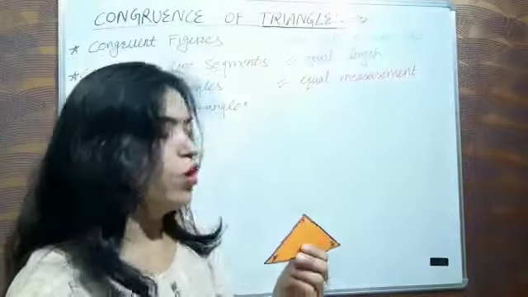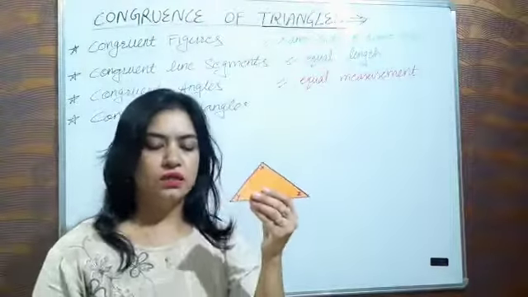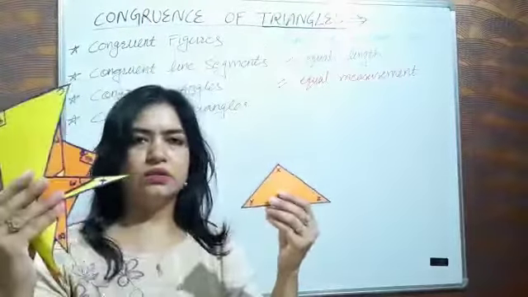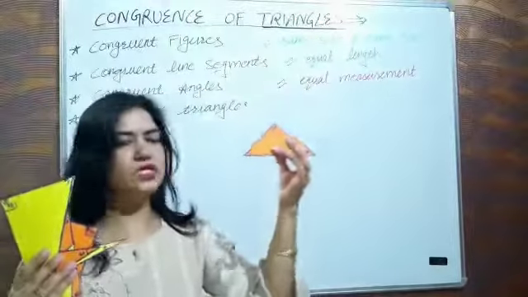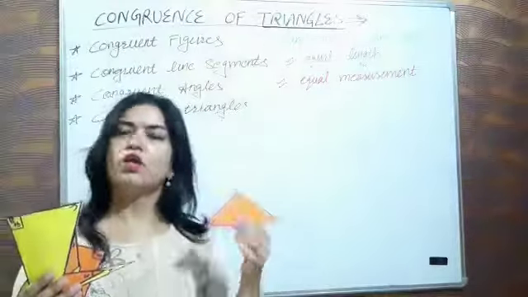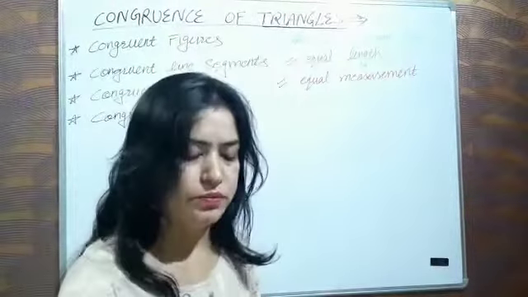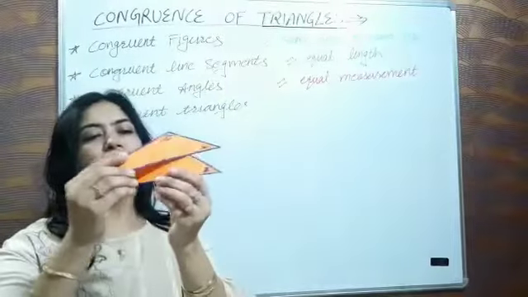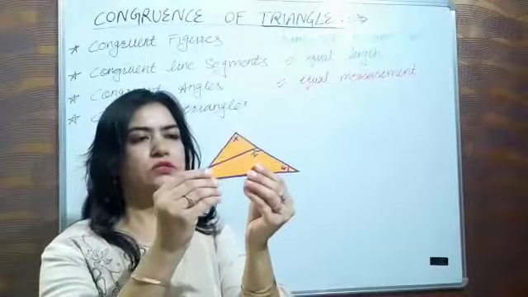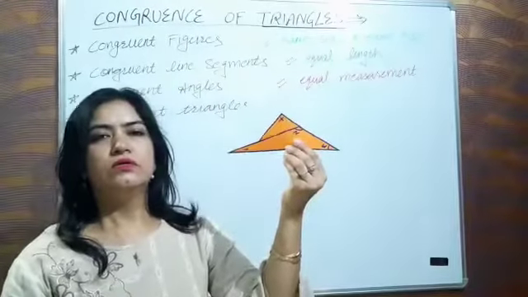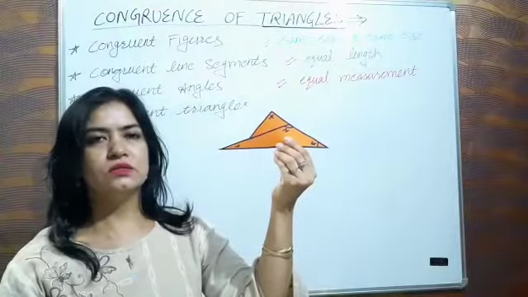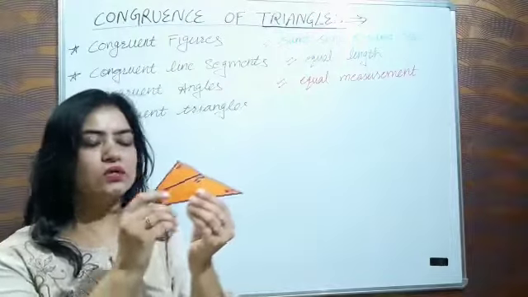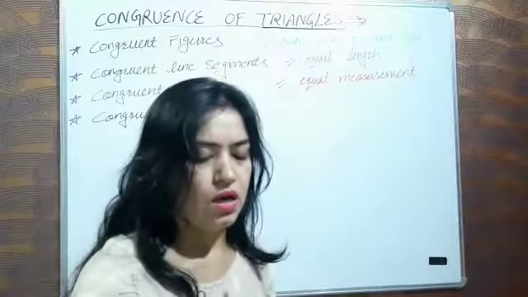Now I want to find out the triangle from these triangles which is congruent to this triangle XYZ. Now what will I have to do? I will take one triangle and try to overlap it. Will it superimpose? No, it does not superimpose.